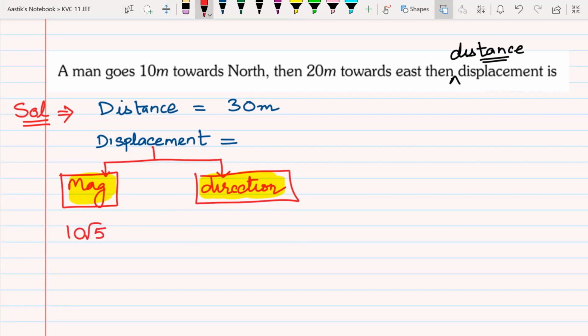But what is 10 root 5? 10 root 5 is the magnitude of displacement. So if you do not use the word magnitude, that means we have not understood what you have said. Do we understand this? Yes, sir.